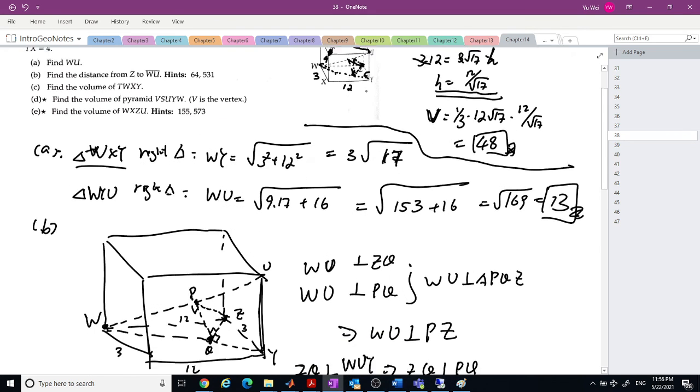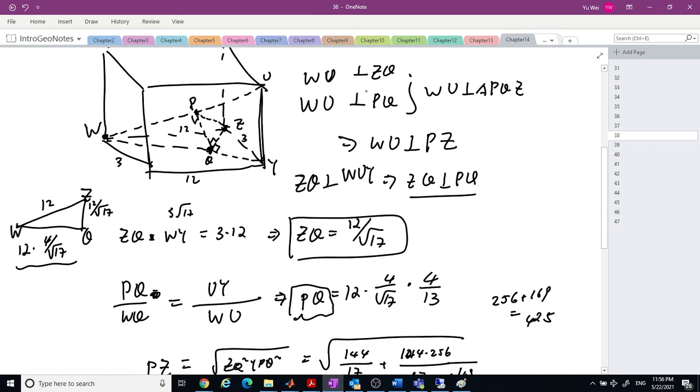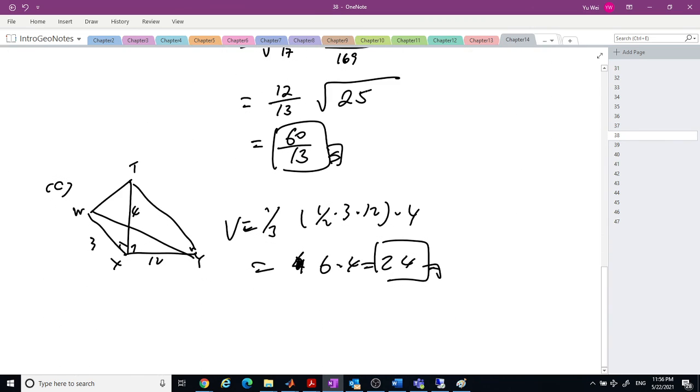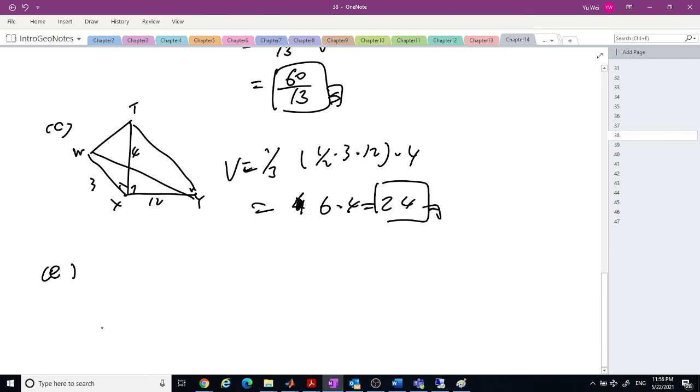Okay, let's see. Let me draw it here. Let's redraw it, okay? Otherwise, it's hard.